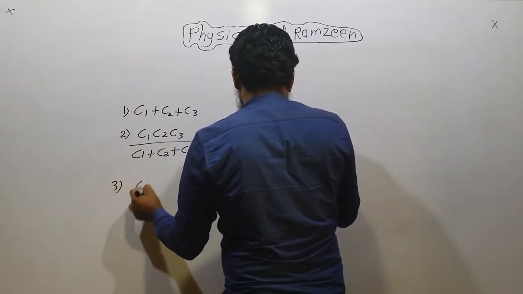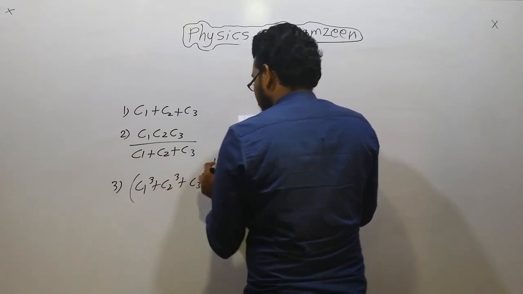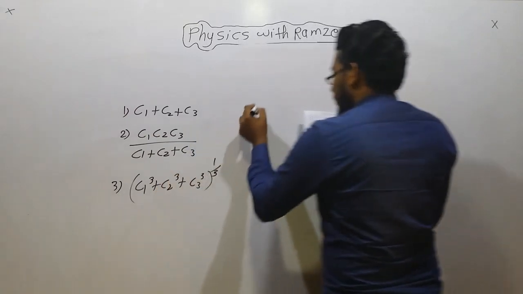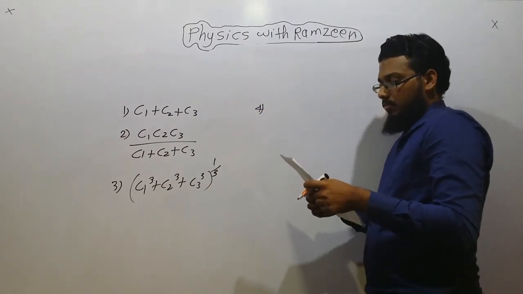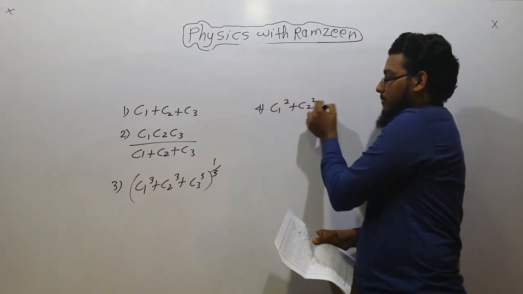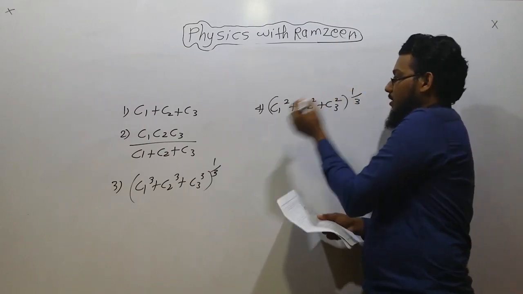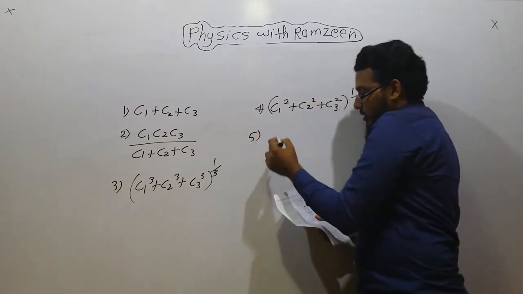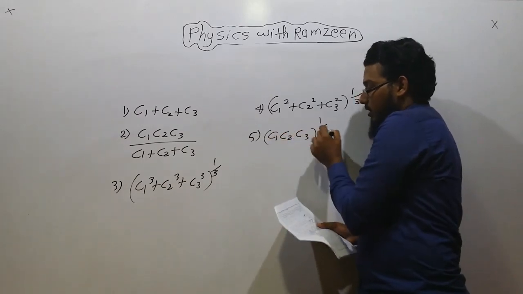The third answer is C1 cube plus C2 cube plus C3 cube, to the power 1 over 3. The fourth answer is C1 square plus C2 square plus C3 square, to the power 1 over 3. The fifth answer is C1 multiplied by C2 multiplied by C3, to the power 1 over 3.